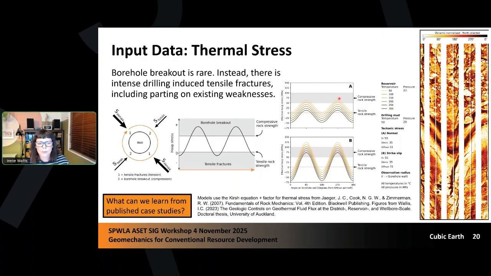And as you heat up your reservoir, your thermal stress is essentially a subtractor, and you end up with increasingly tensile conditions. You never actually reach these conditions because what you have is tensile failure around quite a large amount of the borehole wall.